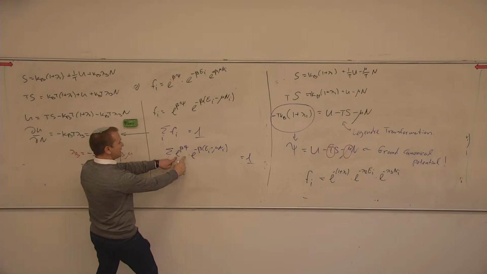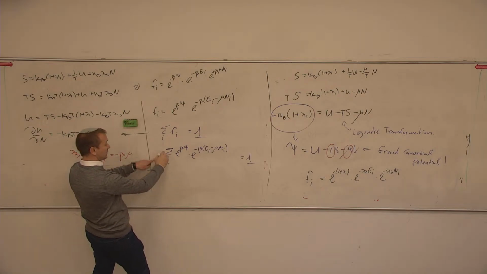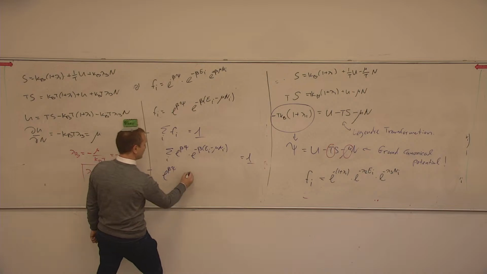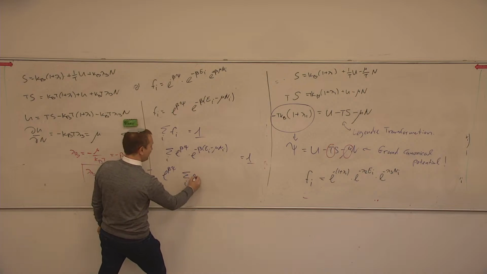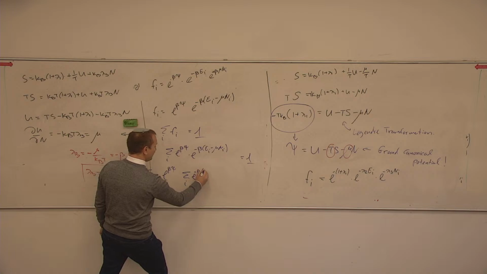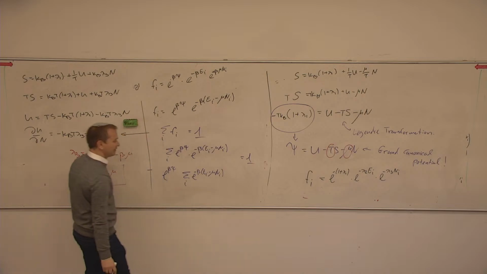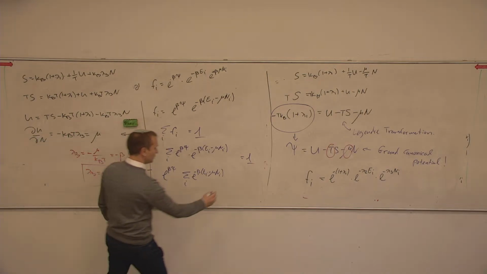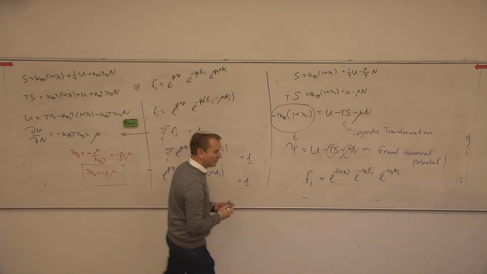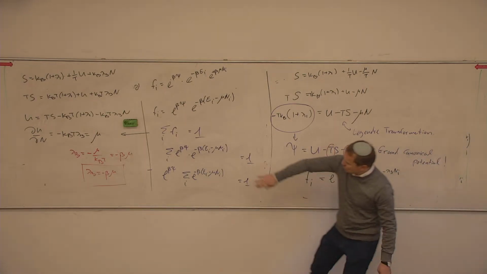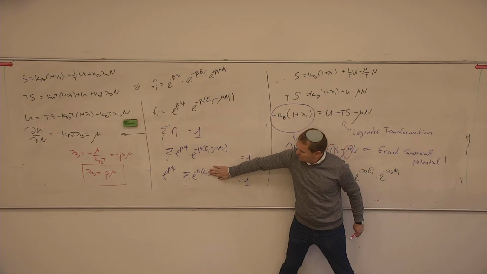Okay, let's take this out. We have e to the power beta psi, sum over i of e to the power minus beta (Ei minus mu Ni). All of this equals 1. Now, in the canonical ensemble, if we don't have this part, what does this function look like?